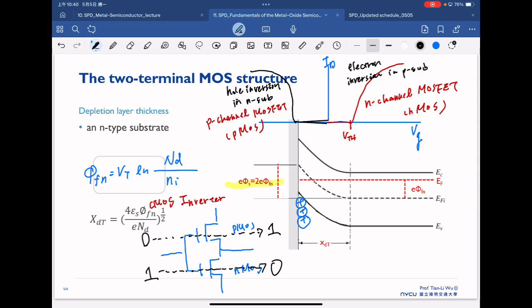So we can invert our digital signal from 0 to 1 or 1 to 0. That's very important for our logic circuit. So that's why, in the end, the development of the N and P modes is very crucial.